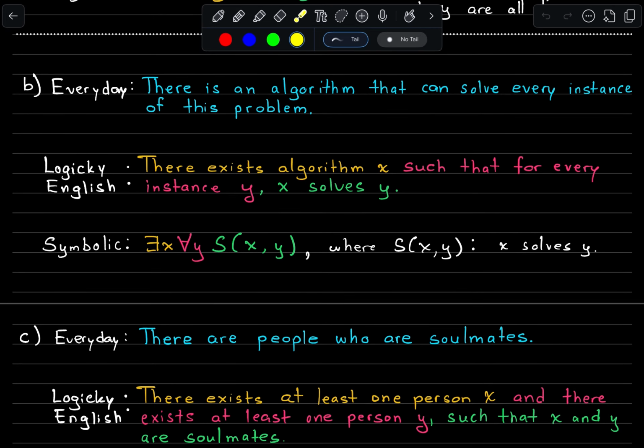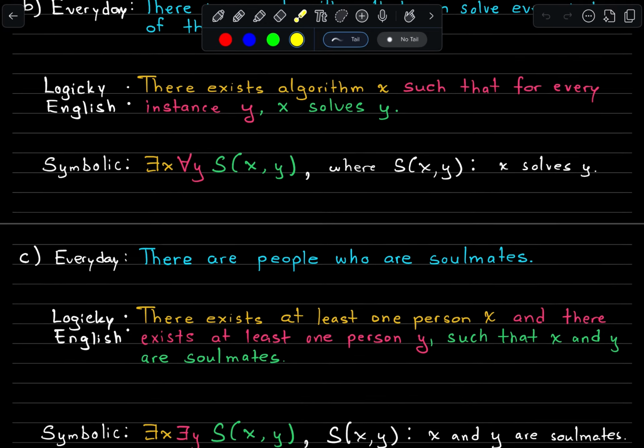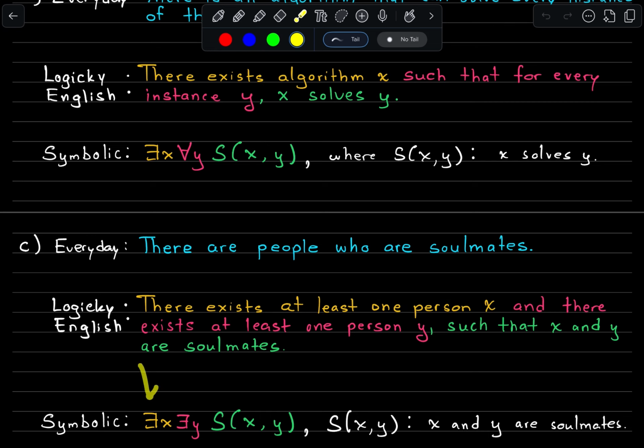So we translate this to a more logic-sounding English. There exists at least one person x, and there exists at least one person y, such that x and y are soulmates. So this is a case where you might want to use two existential quantifiers back to back. And then you've got your propositional function, s of x y, x and y are soulmates. Okay.